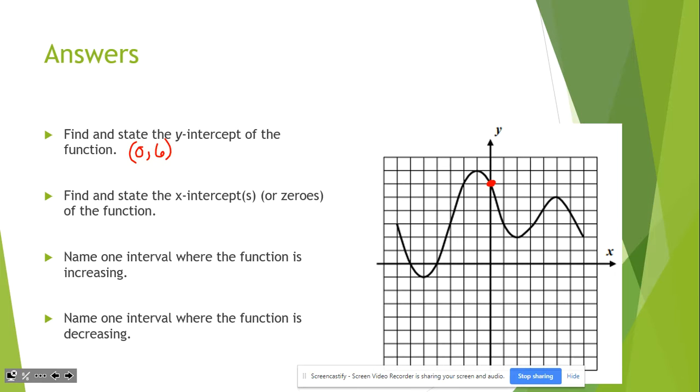Now, x-intercepts, I have two of them. Right here and right here, the graph crosses the x-axis. This here is (-6, 0). And this is (-4, 0). So those are my two x-intercepts.